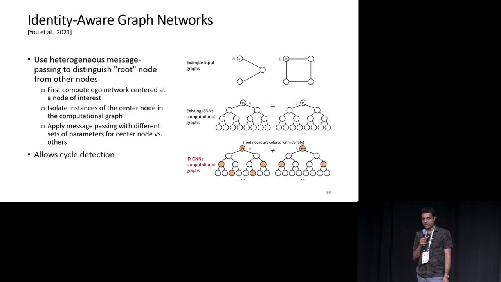There are some other works like identity-aware graph networks, which in a nutshell, for each node whose embedding you want to compute, unroll this message passing computational tree, and use a different message passing rule for the node itself versus all the other nodes.